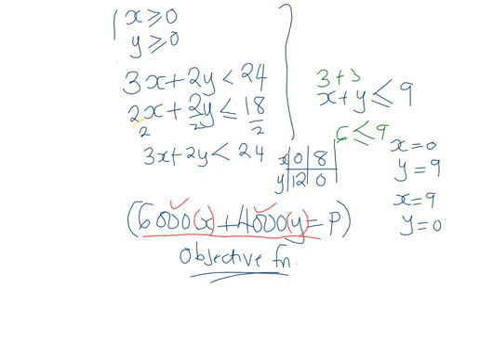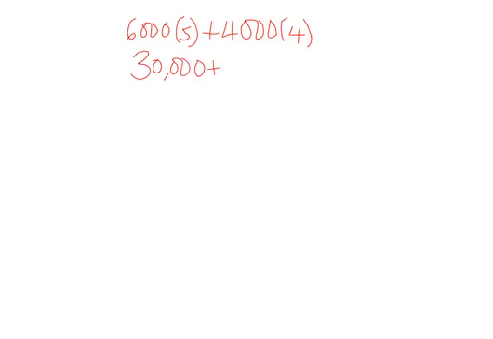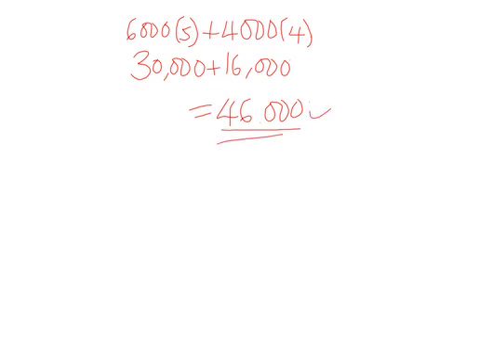So the profit will be 6,000 multiplied by 5 plus 4,000 multiplied by 4, which is 30,000 plus 16,000, giving us 46,000 Kenyan shillings. So this is the maximum profit that a workshop could make in that month.